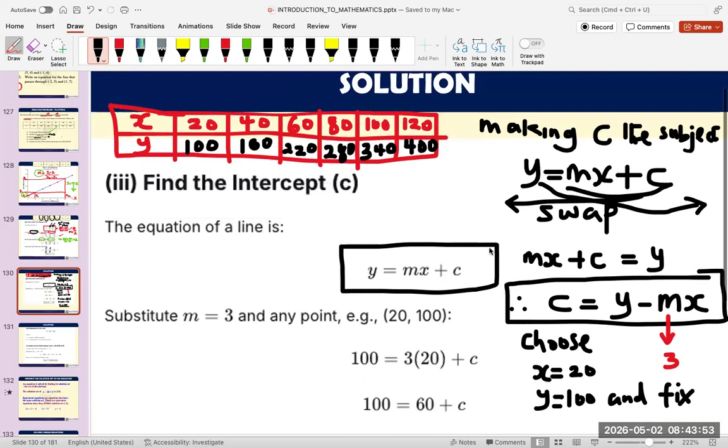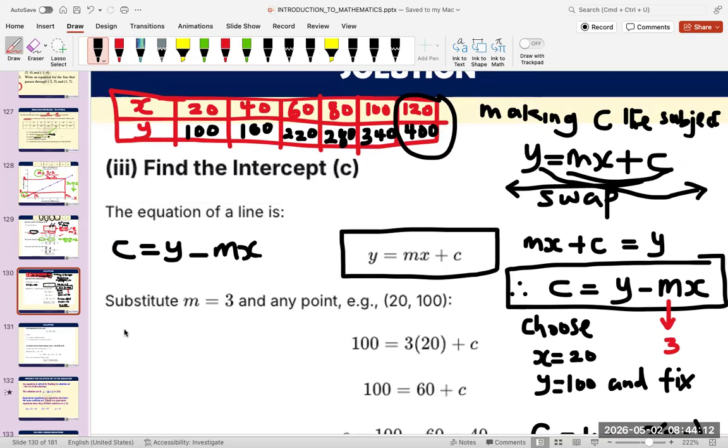What if somebody decides to choose the last point, 120 and 400? Let's see what will happen. The same equation. C is equal to Y minus MX. So let's fix it. C is equal to, this time Y is 400.